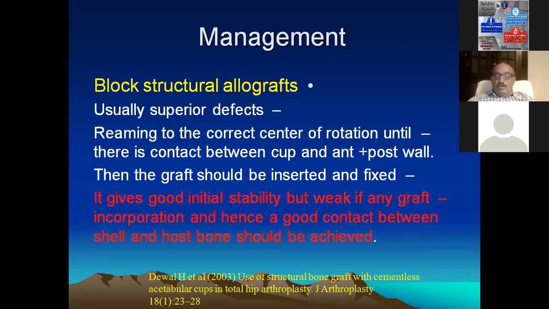The graft should be inserted then and fixed, and it gives good initial stability, but if the graft doesn't incorporate, sometimes failure of the construct will happen. And actually, it is not the best way to reconstruct, especially in cemented implants.